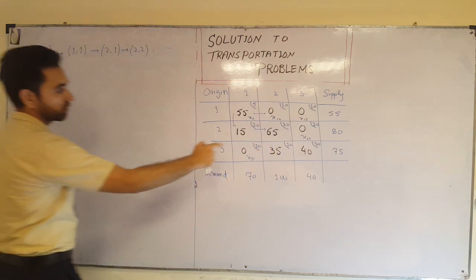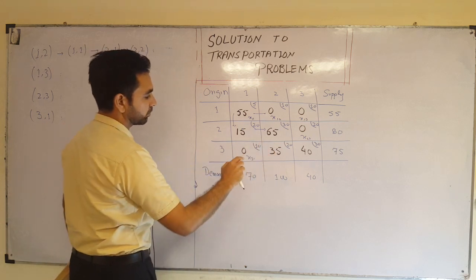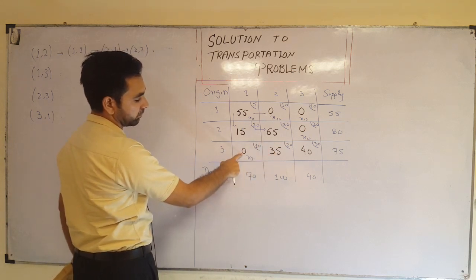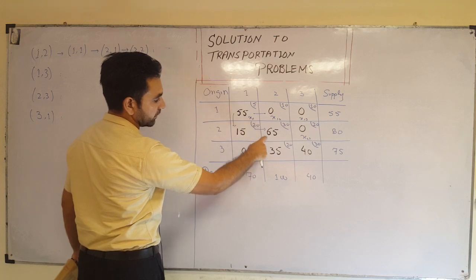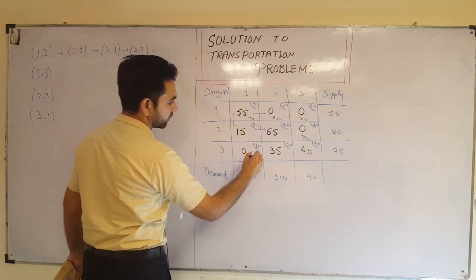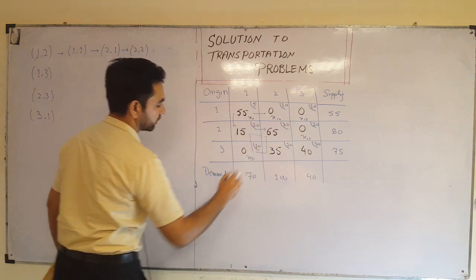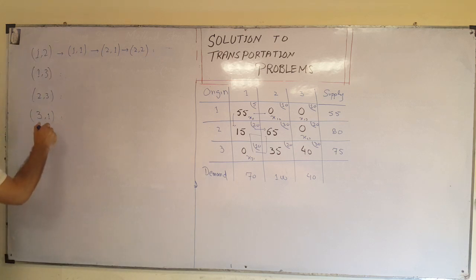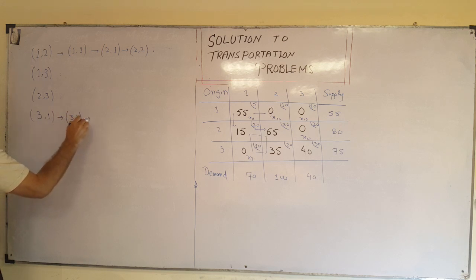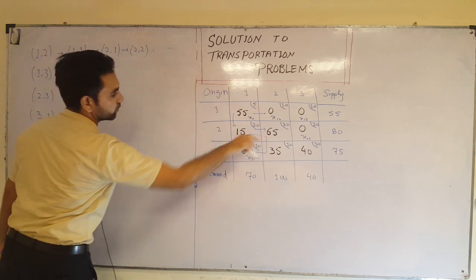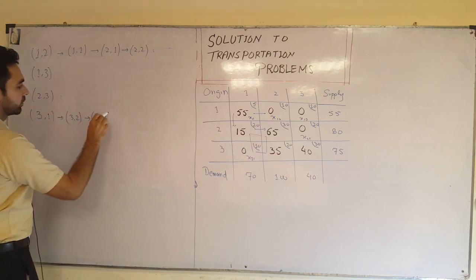For the others, let's find the simple ones first. For 3 1 you can go from 3 1 to 3 2. From 3 2 you can go up to 2 2.